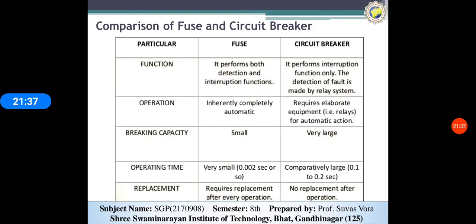You can easily see the operating time: the fuse's operating time is very small, 0.002 second, and the circuit breaker takes 0.1 to 0.2 seconds. Replacement: the fuse requires replacement after every operation, which is its disadvantage, while the circuit breaker requires no replacement.